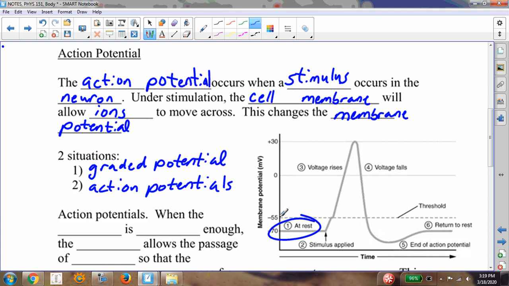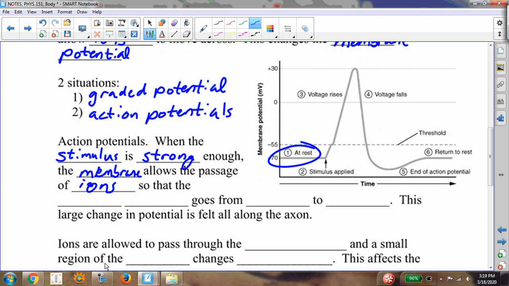And an action potential, when the stimulus is strong enough so that it warrants a really big response in the body, the membrane allows the passage of ions, so that the membrane potential goes from minus 70 millivolts to about plus 30.